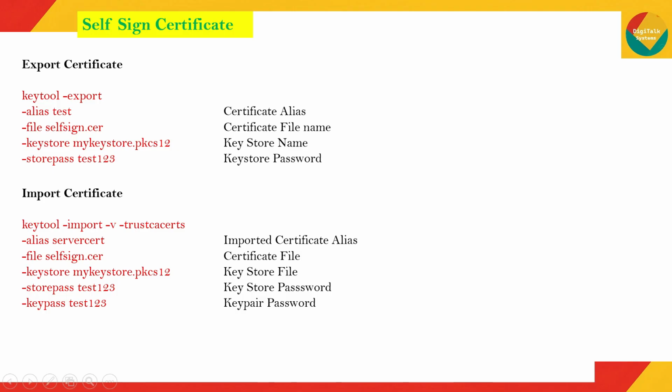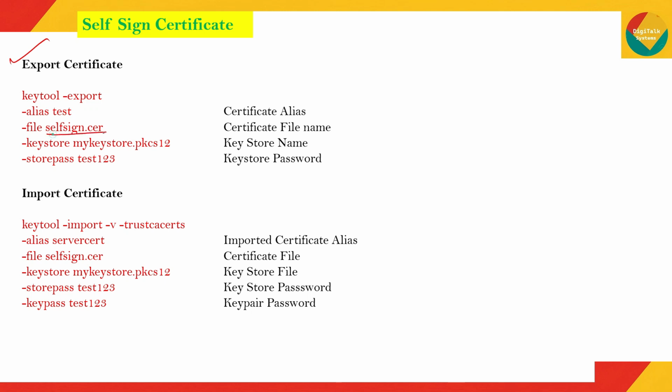So let us first see the command that we use to export and import the self-signed certificate. Now, as we know, in a self-signed certificate we don't need to reach any third-party certificate authority, because we import our own self-signed certificate, right? So first we need to export the certificate.